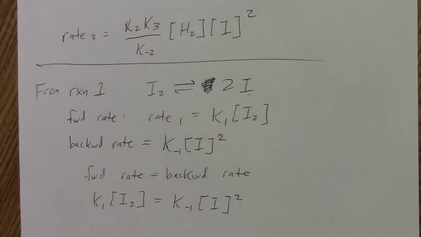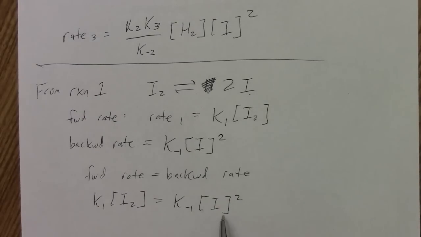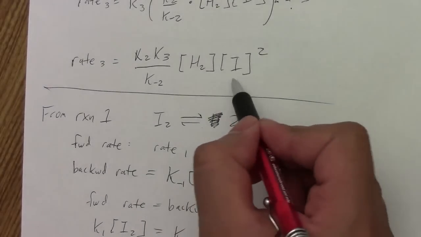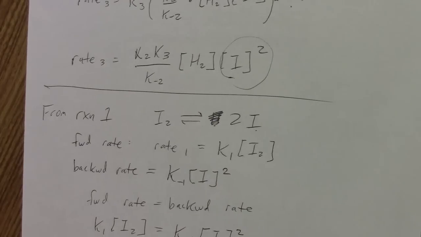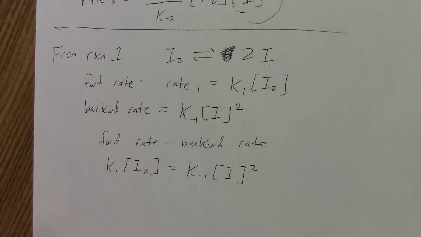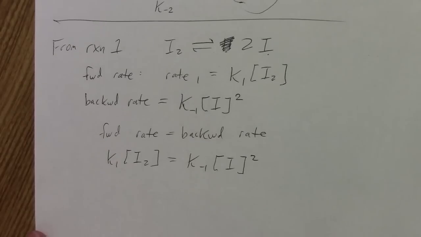Now here's where paying attention is going to save us a good amount of time. What I could do is solve for I and take the square root so that I only have the concentration of I, but look up here. I actually have an I squared sitting right here. If I don't want to take the square root, I don't have to. So instead of taking the square root, as I did when I solved this problem on my own earlier, I'm just going to solve for I squared.